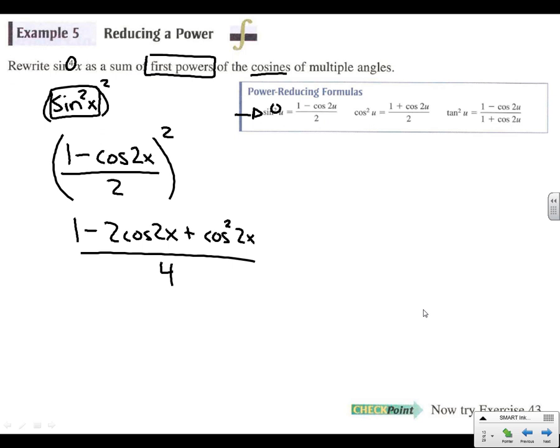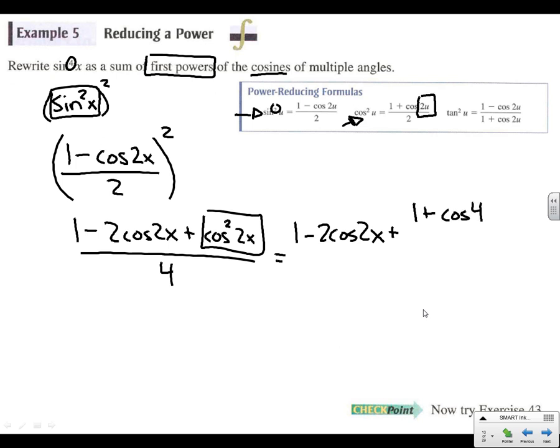And so now we're going to need to go into this formula for just this part, because we can't stop until we get rid of all of the exponents. So we still have 1 minus 2 cos 2x, and then plus a little fraction in here, 1 plus cos, we double it, so it was 2, now it's going to be 4, all over 2, all over 4.